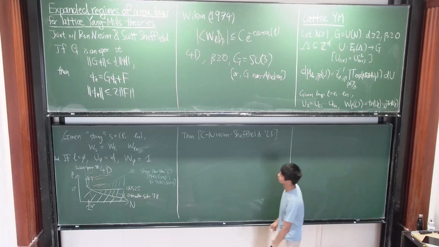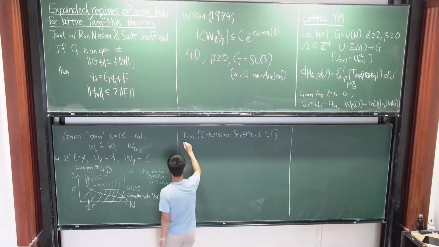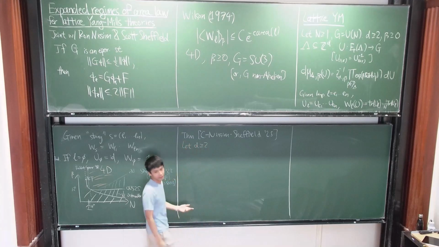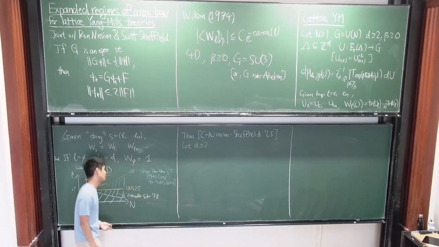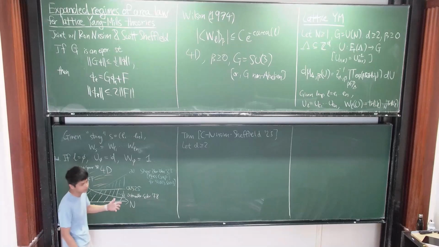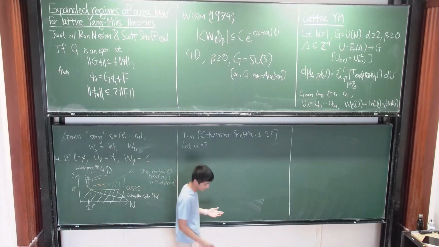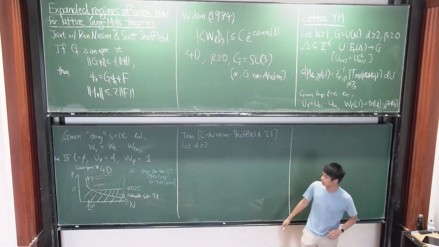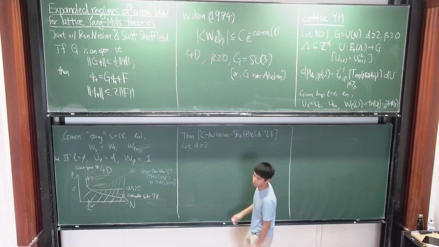Right. Okay, so the theorem. Technically our result applies to any dimension, but it really only gives improvement in 4 dimensions. In 3 dimensions, you already know area law for all N, due to some other results, but I'll just state the theorem in any dimension.